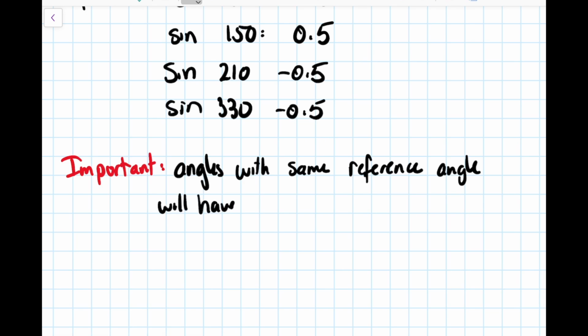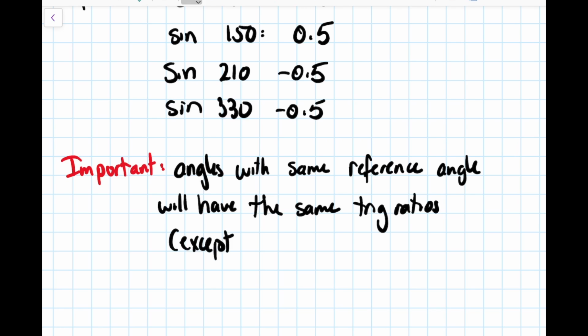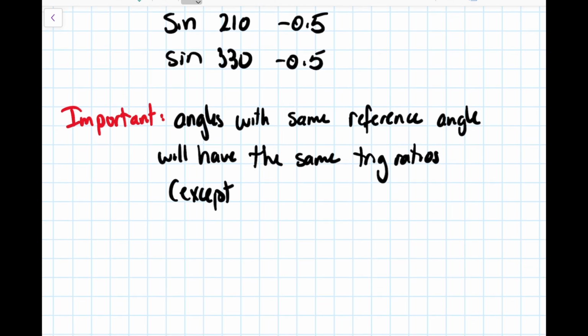And that will depend on which ratio you're working with and which angle you're working with. So in this case, all of those sine ratios ended up being 0.5. They're not always going to be nice numbers, right? So if you did cosine or tangent, you'll probably end up getting some sort of decimal. But you're still going to get the same decimal for everything.